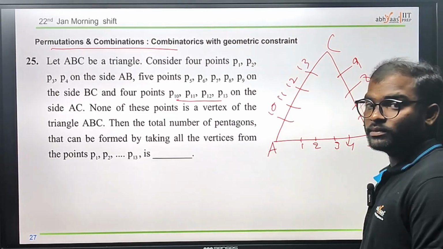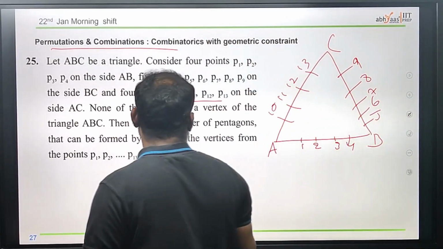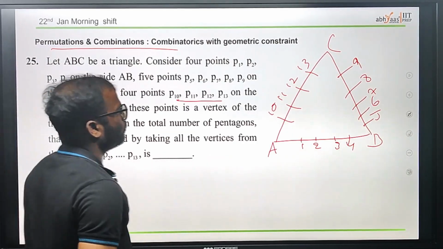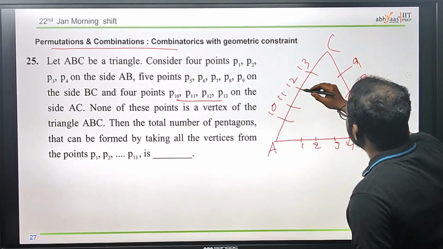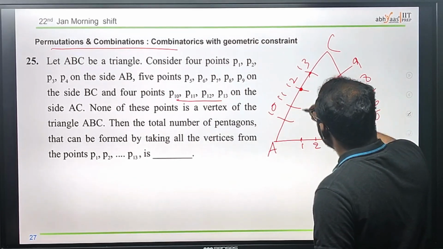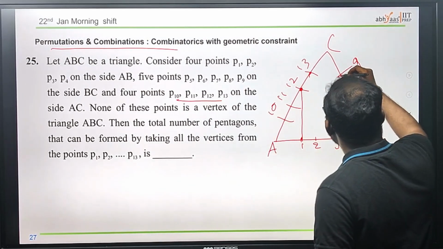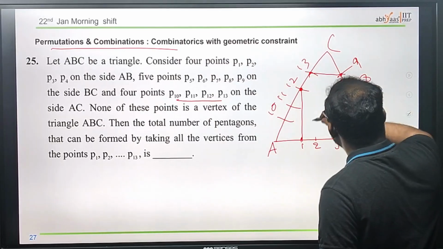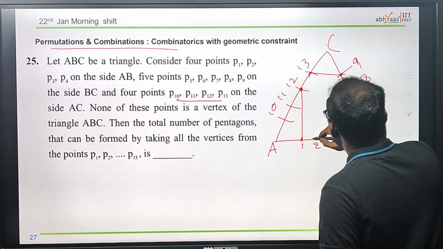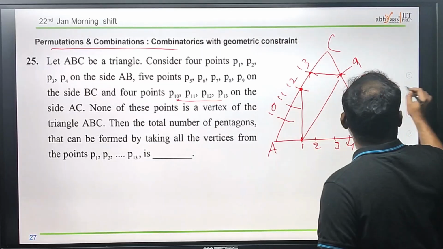Now from these points we have to make pentagons, and we need to check how many pentagons will be formed.